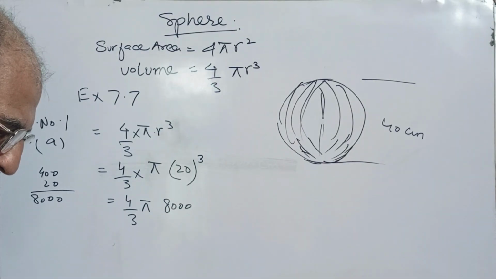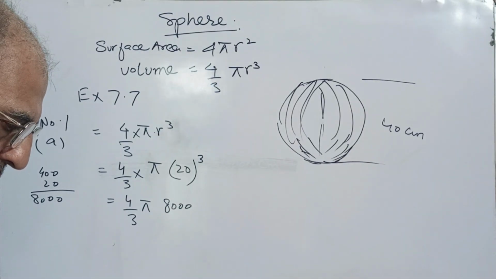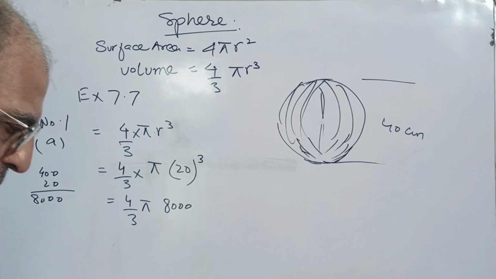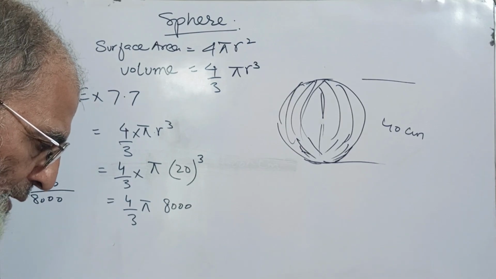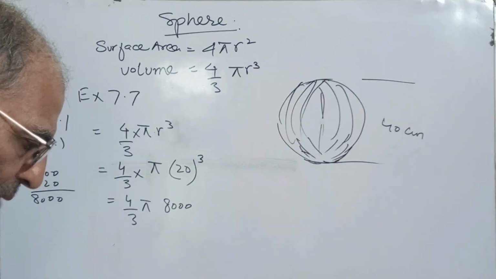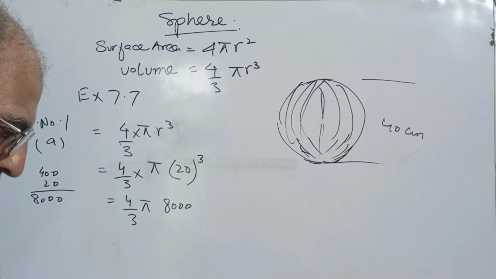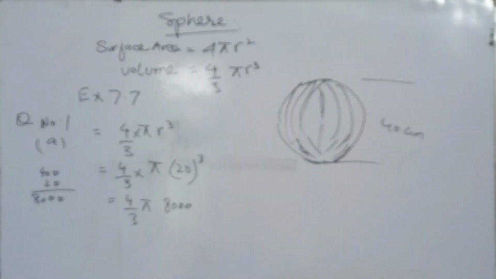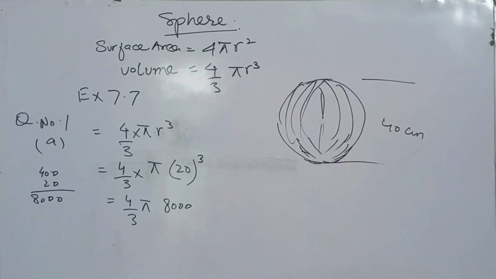So question number 2. The diagram shows a small metal ball submerged in a cylinder of water. Find the volume of water in the cylinder. Now this is a question of science. This is not a question of mathematics.